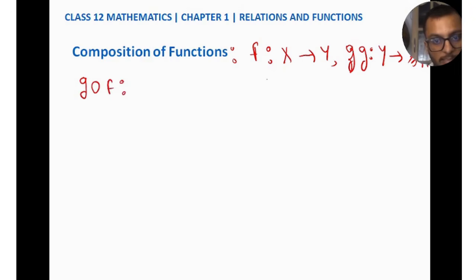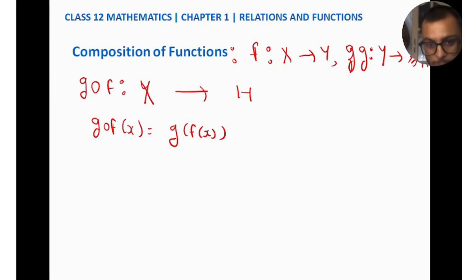It is defined from X to H. How is it defined? g of f of x is defined as g of f of x.